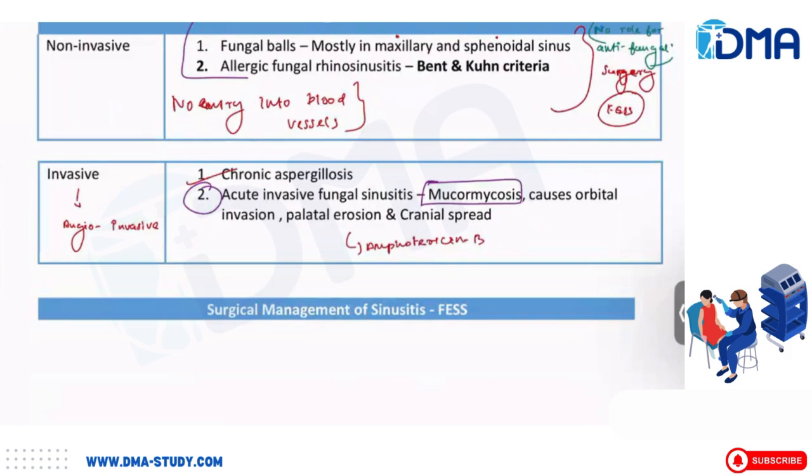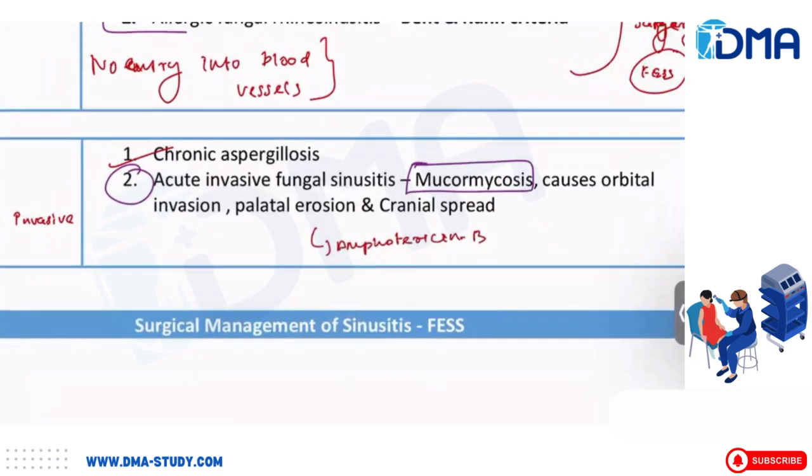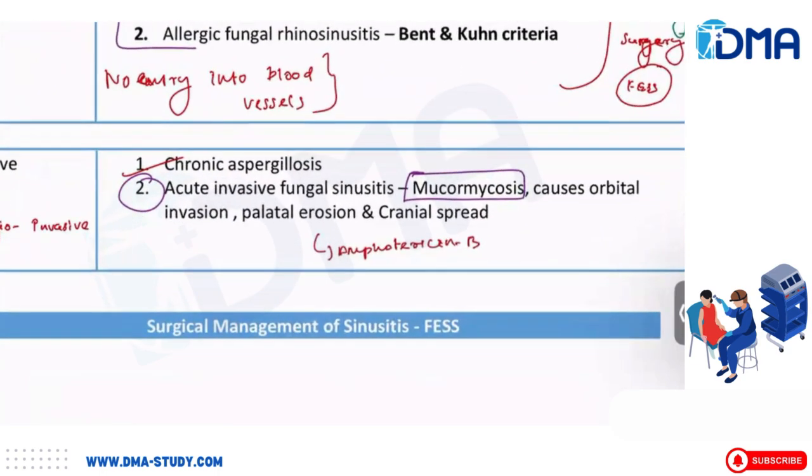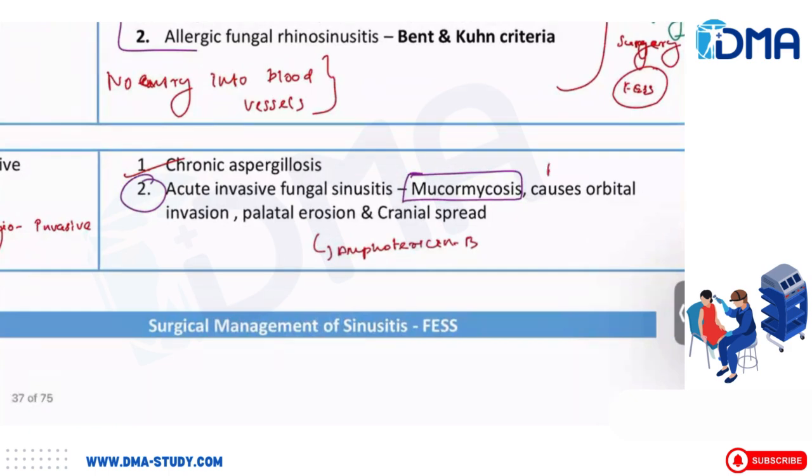If the patient becomes immunocompromised, like uncontrolled diabetes, kidney failure, or COVID-19, these conditions will cause the mucor to grow. It's not slow growth; it's rapid growth. Rapid growth of mucor causes rapid erosion of the orbit, palate, and even cranial spread.